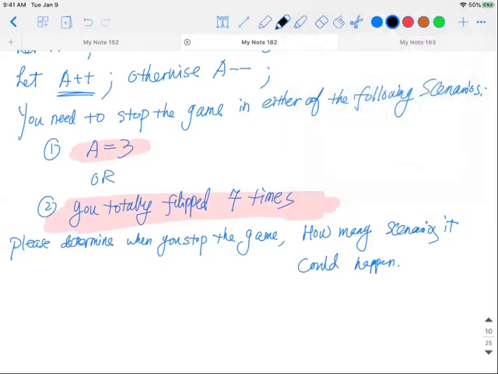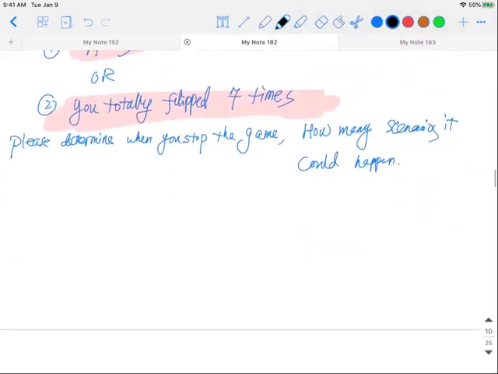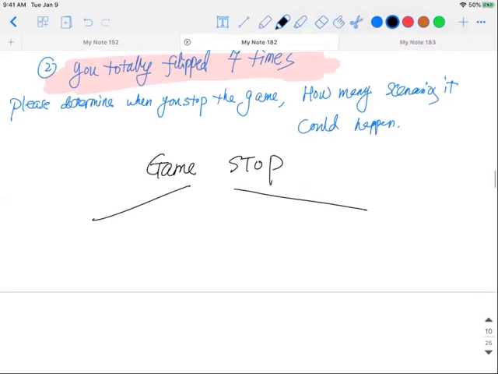So it means that if the game stops, it's basically 2 scenarios. One scenario is A is equal to 3. However, the total times, let's say I use n to say how many times you flip your coins, is lesser than 7. You didn't reach the 7 times upper limit, but you already get A equals 3.